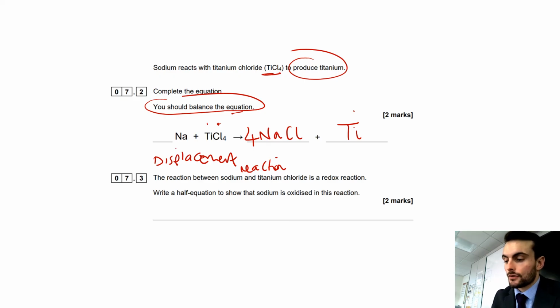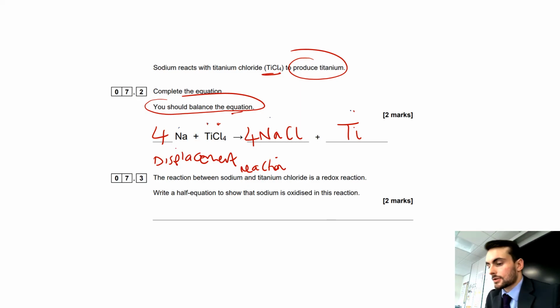So we've got 4 sodiums in that sodium chloride now, not molecule because it's a lattice structure, but 4 sodium chlorides, 4 moles of sodium chloride. So that means we're going to have 4 sodiums, and then we can check the whole thing. So how many sodiums? 1, 2, 3, 4. How many titaniums? 1. How many chlorines? 1, 2, 3, 4. Just check the other side. How many sodiums? 1, 2, 3, 4. How many chlorines? 4. How many titaniums? 1. Done.